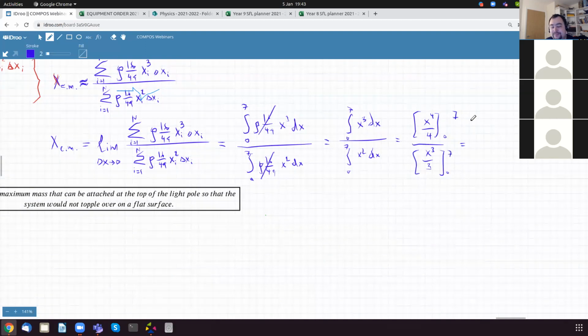So it's 7 to the power 4 over 4 divided by 7 to the power 3 over 3.